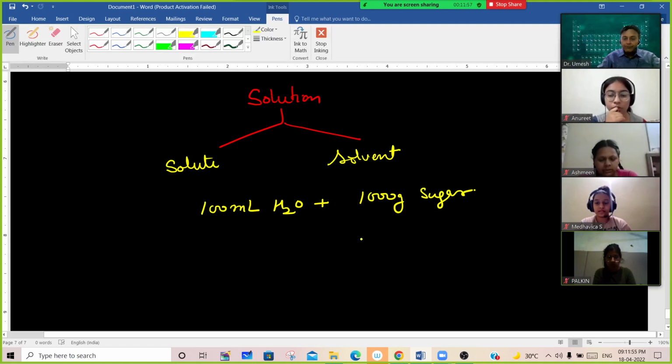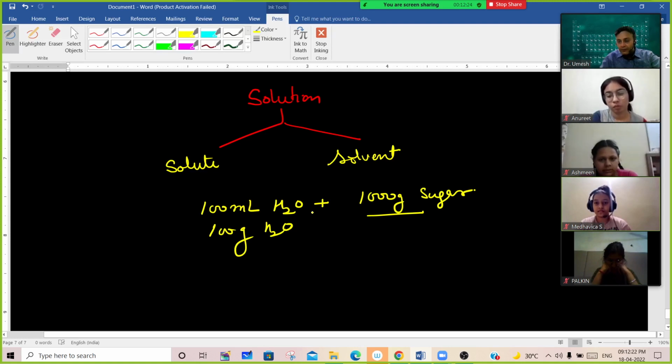Okay. So out of these two, which is the solvent now? H2O. So 100 ml means 100 grams, right? You said the one which is in more quantity. If I talk about it in terms of weight, the sugar should be the solvent.